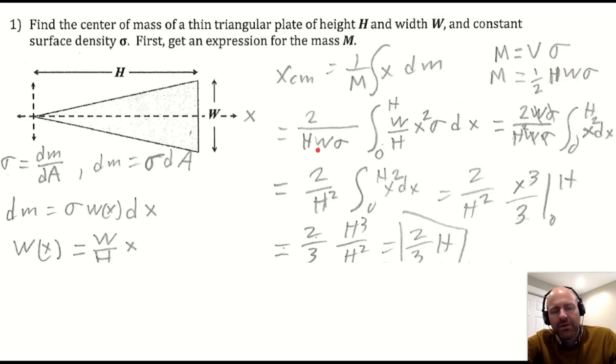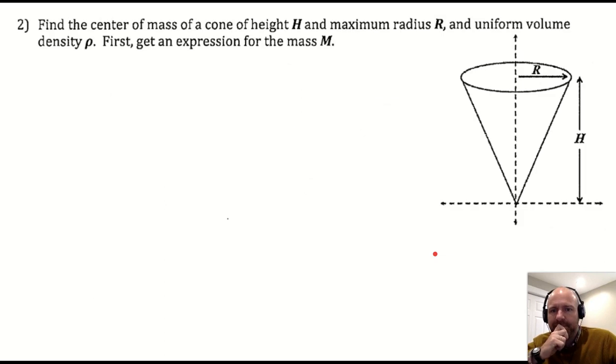We plug that into our original equation, replacing 1 over m with 2 over h w sigma. We're integrating from 0 to h of what we substituted in for dm, and we still have that x term, so we end up with an x squared. We integrate from 0 to h, we solve, and we find that the center of mass is at 2/3 the height of this object, or of h.